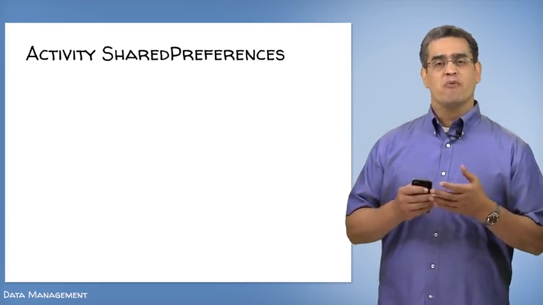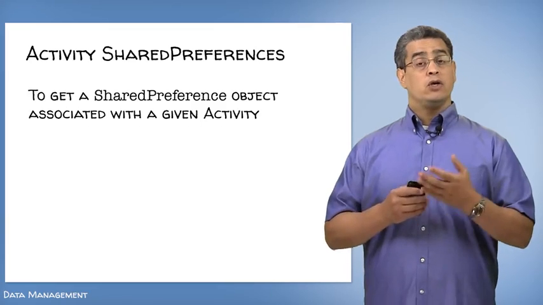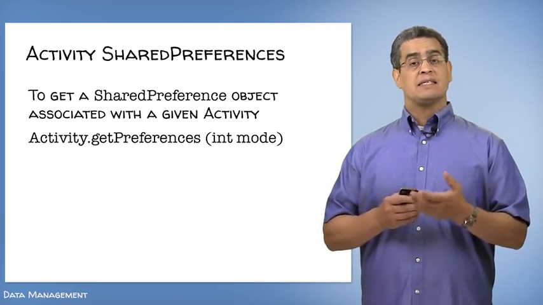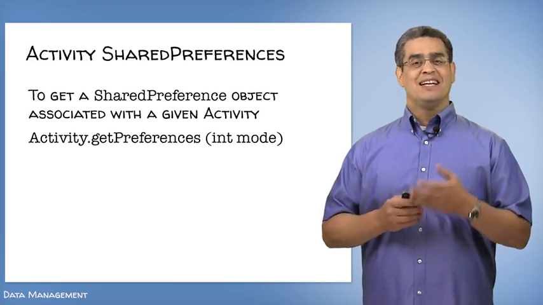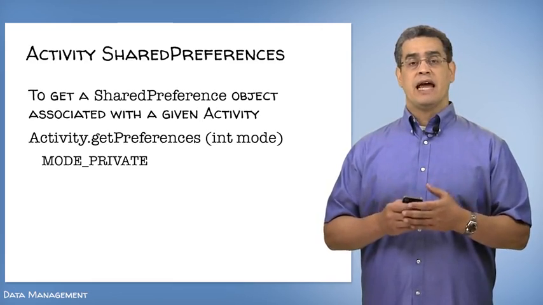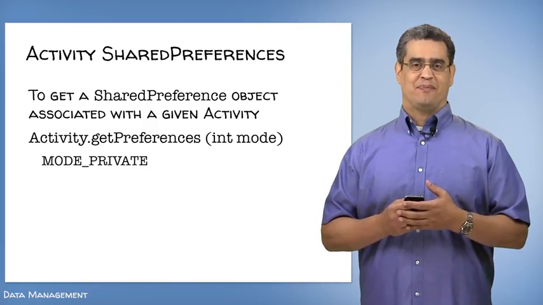To get a shared preferences object that is associated with a given activity, you can use the activity.getPreferences method, passing in an access mode as a parameter. For example, this mode can be mode_private, indicating that the data is private to the calling application.